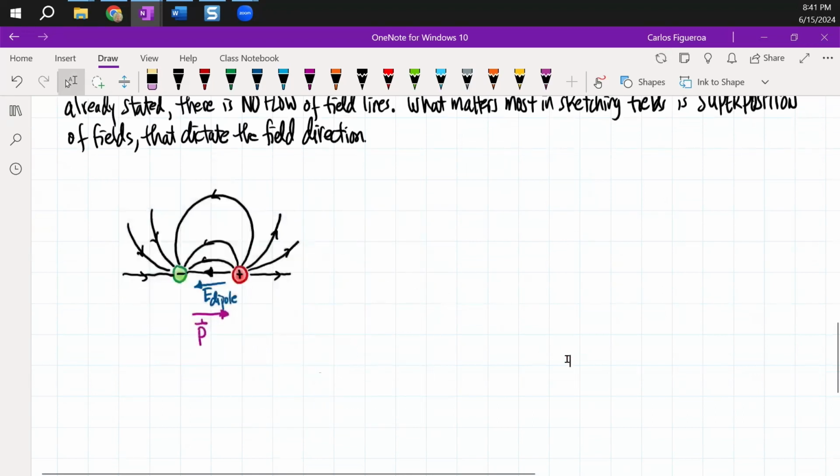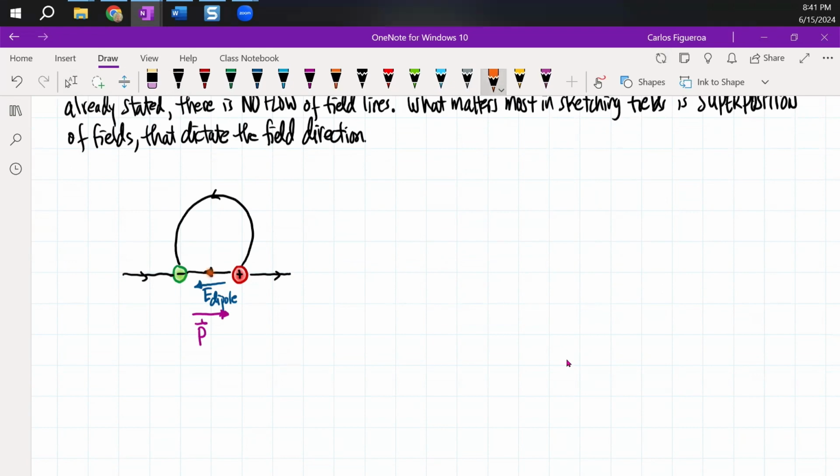And again, I'm only going to look at one of the field lines, or three of the field lines. So let's start labeling the points. So let's say that right here, this is point 1. And then I'll go, this is 2, this is 3, this is 4, this is 5, and let's say that this is 6.